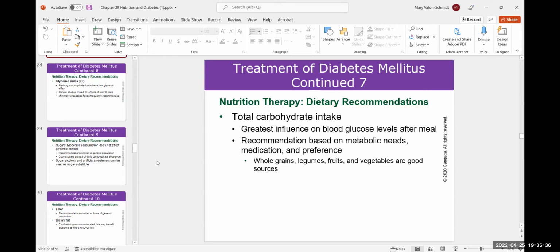So you want the brown things, the long acting carbs, which are your whole grains, things like, don't eat white bread, eat wheat bread or whole grain bread, or rye, legumes, beans, fruits, vegetables. All of those things have carbs and they're better sources than the white refined sugars. I will add this, fruits have sugar in them.